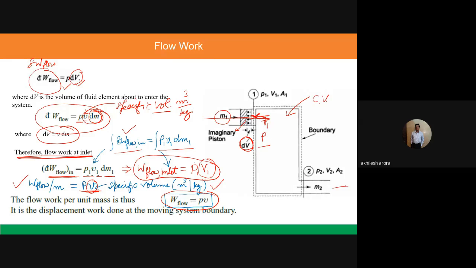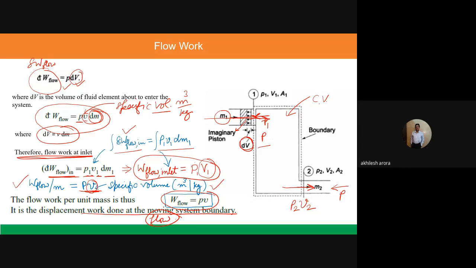Similarly, there will certainly be some pressure which is acting at the exit also. So when the fluid tries to move out, we also have to do a certain amount of work, which is given by P2 into V2. So flow work is the displacement work done at the moving system boundary, moving meaning the flow system boundary.